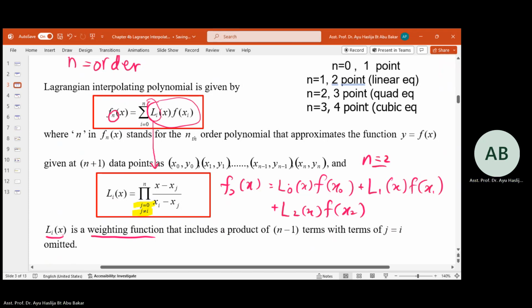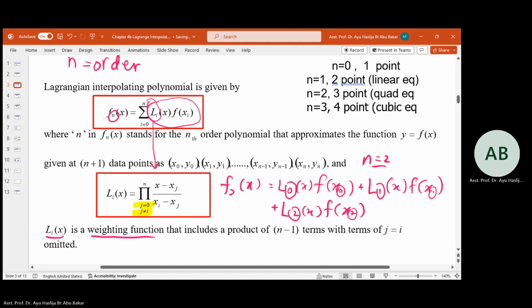Notice that i starts from 0, the starting point, the first point: L0 f(x0), L1 f(x1), L2 f(x2).